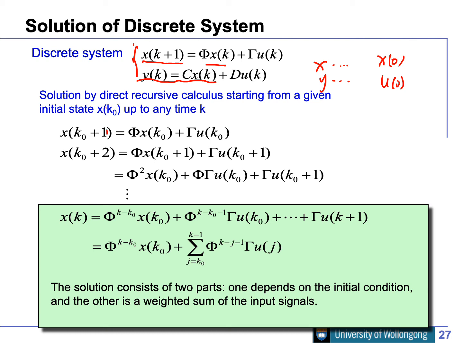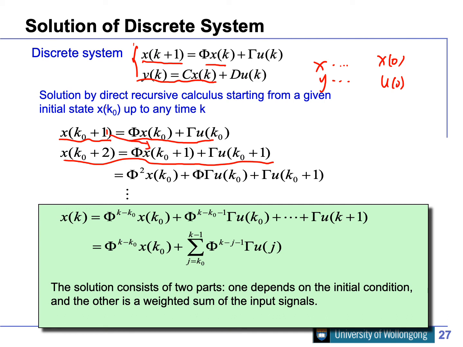So let's quickly look at this. xk plus 1 is equal to that. That's from the definition. And then we increase the index by 1. So same thing, you get xk plus 2 is equal to phi xk plus 1 plus gamma uk plus 1. And we go back and look at that. That's our k plus 1.